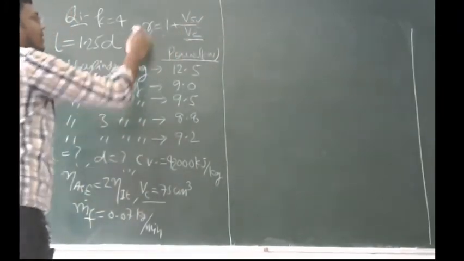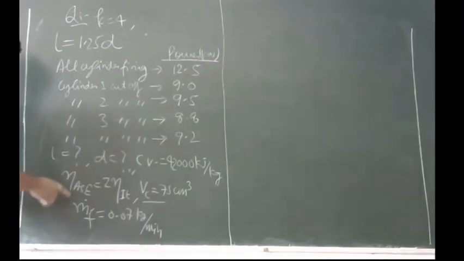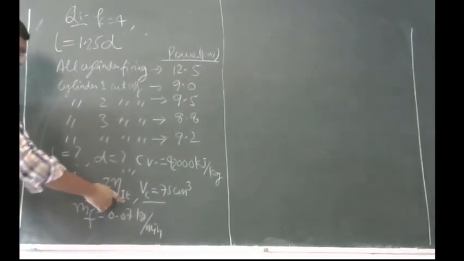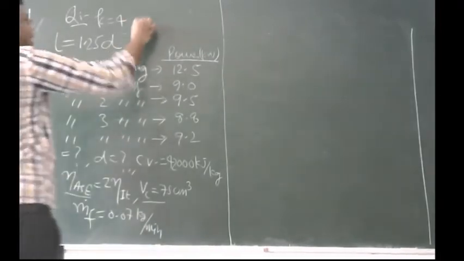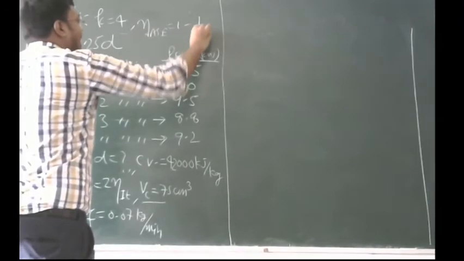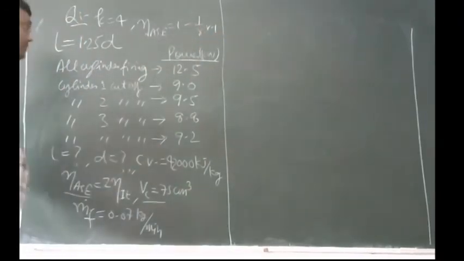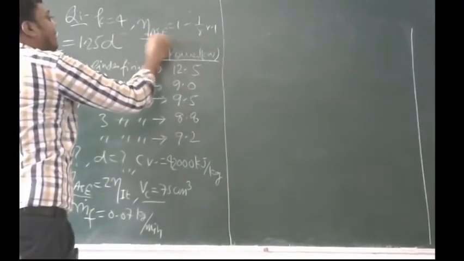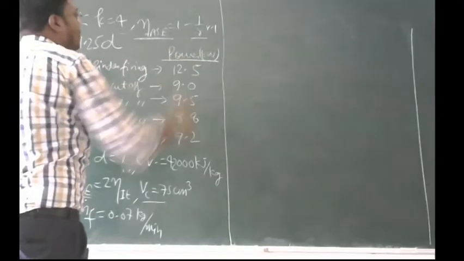Now how do we find the value of R? In this question it is given that eta air standard is equal to 2 times eta IT. We know the air standard efficiency is equal to 1 minus 1 by R to power gamma minus 1. If we find the air standard efficiency, then we can calculate the compression ratio.